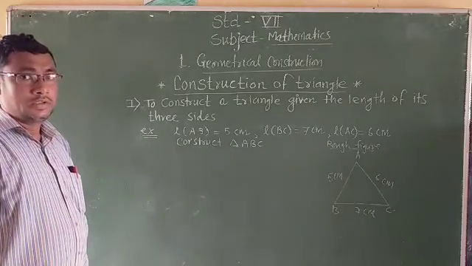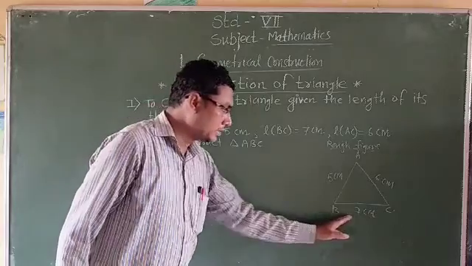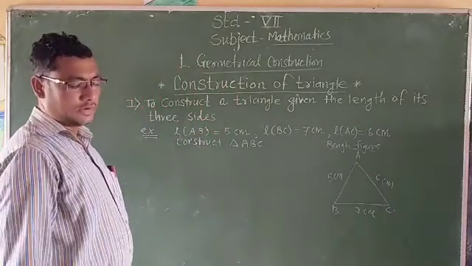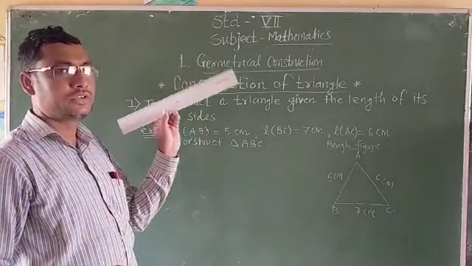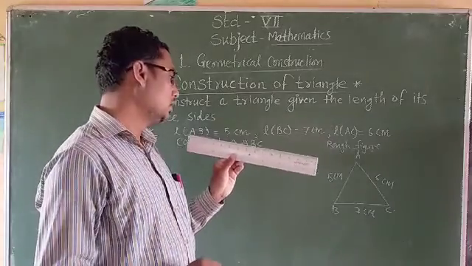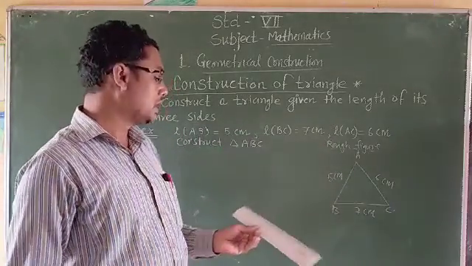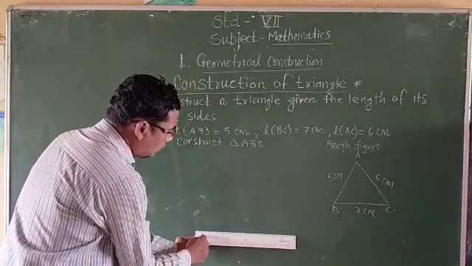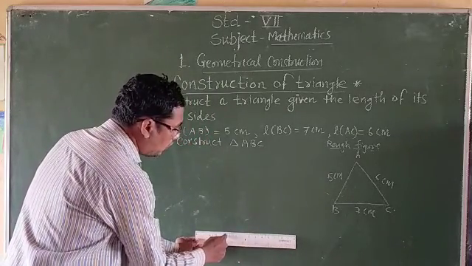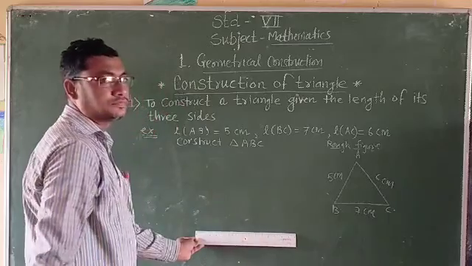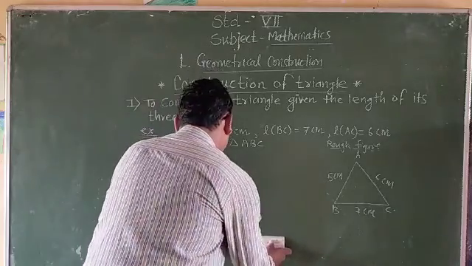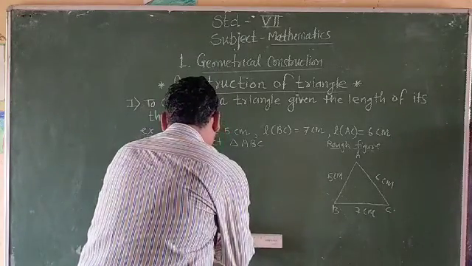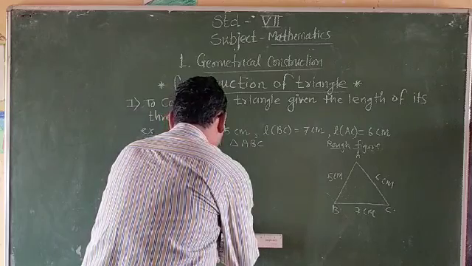Okay. So first of all you have to take the segment BC of length 7 centimeter. By using the ruler, measure the line segment BC of 7 centimeter. So count it 1, 2, 3, 4, 5, 6, 7.